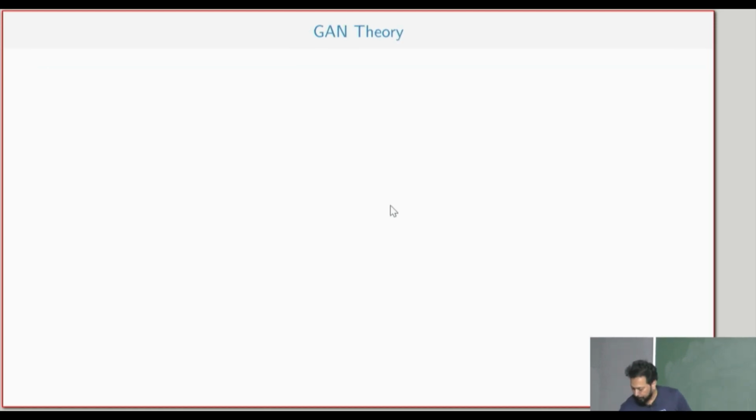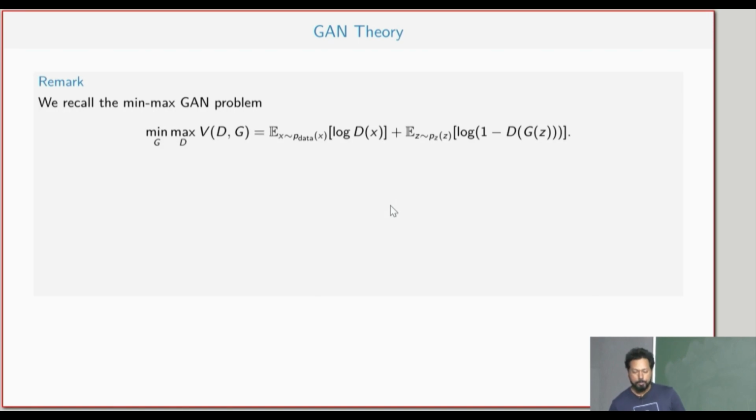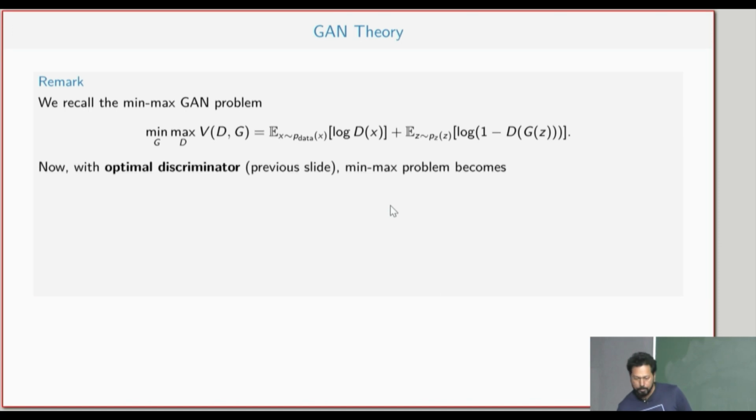So what next? We copy that min max loss here. Now we know for a given g what the optimal discriminator is, so we can substitute it: in place of d we substitute d star, because we have calculated the form of that. Let us see what happens if we substitute d by d star.